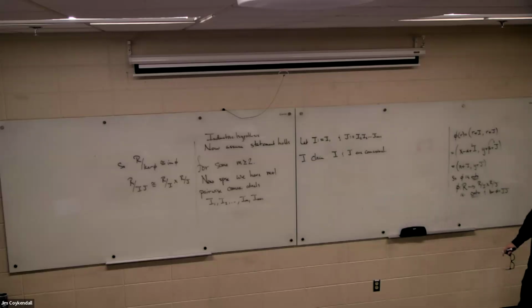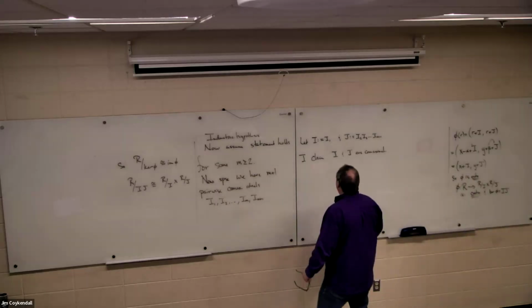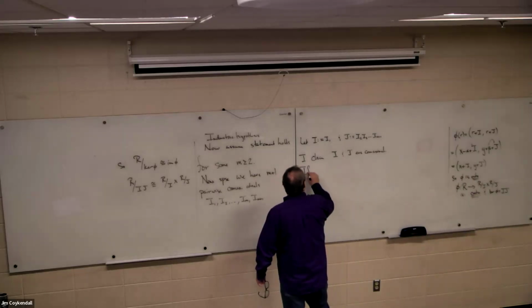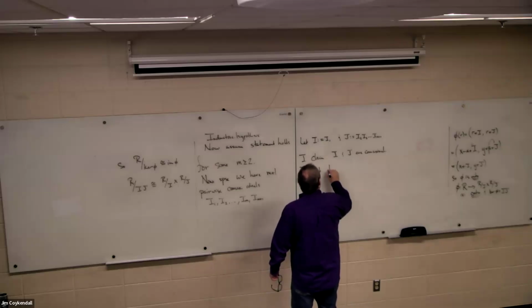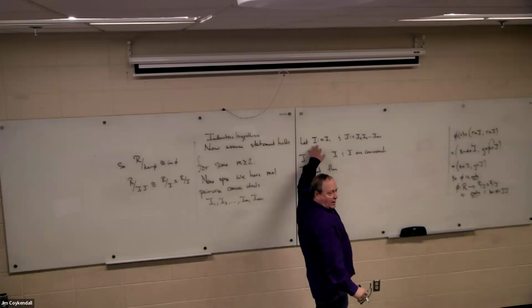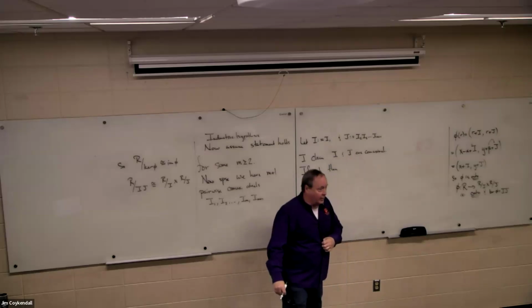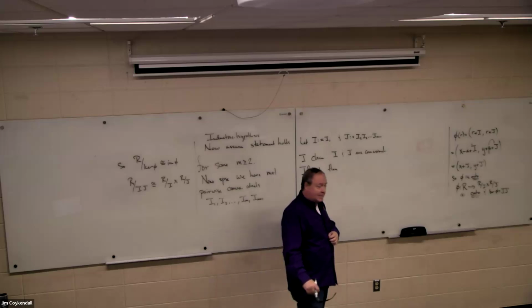And the answer is yes. Let me just show this. If not, then what I would like to show is I plus J is the whole ring, right? If this is not true, I plus J is a proper ideal. Agreed? And is therefore contained in a maximal ideal.